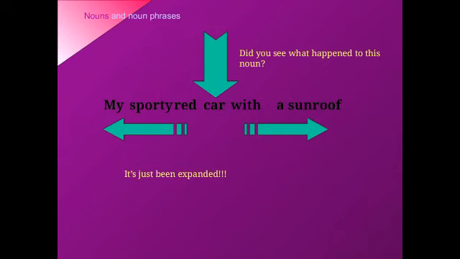So a pronoun, that is my, is being used along with the adjectives spotty, red. With a sunroof, again an adjective phrase is being used to describe a noun, which is the car.